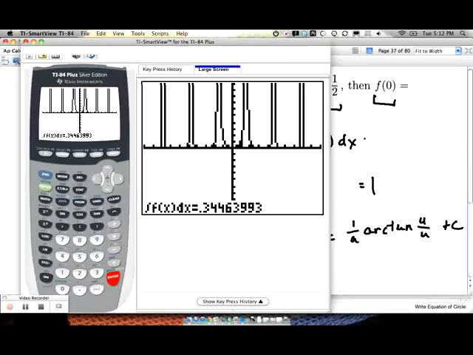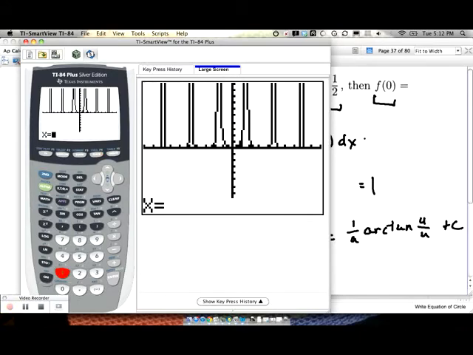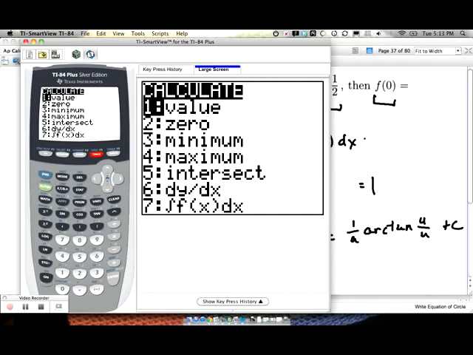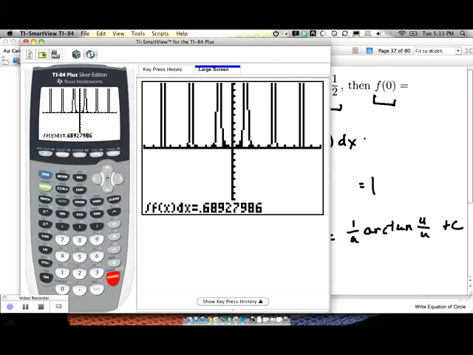Let's say that I went from -1 to 1. So if I do second, calculate, the integral from -1 to 1, that gives me about 0.68.